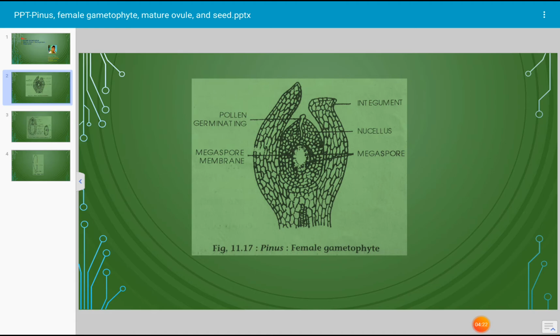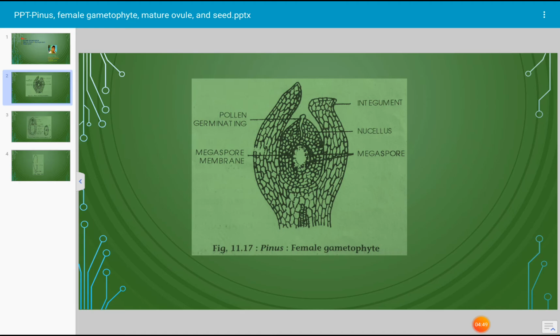A cell near the top of the female gametophyte acts as an archegonial initial. This divides transversely and forms an upper neck initial and a lower central cell. The neck initial divides and forms 8 cells in 2 tiers of 4 each.